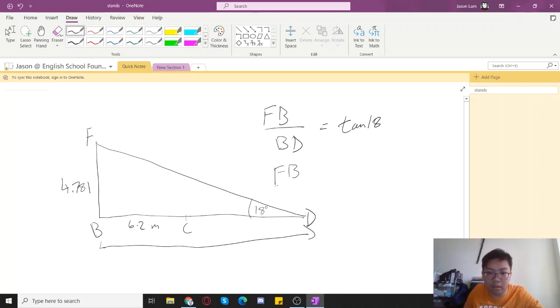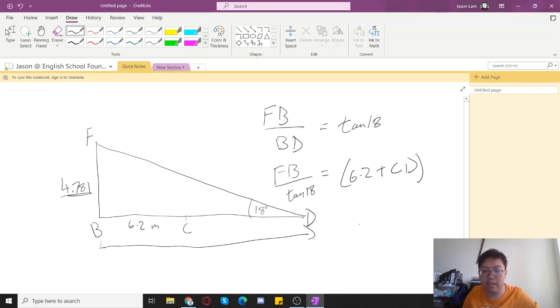So FB over tan 18 is equal to, let's simplify this BD to 6.2 plus CD. Because the length FB is 4.781, you can just sub it in, and tan 18 is also a number, and you would get an answer. And finally, CD is equal to FB over tan 18 minus 6.2.